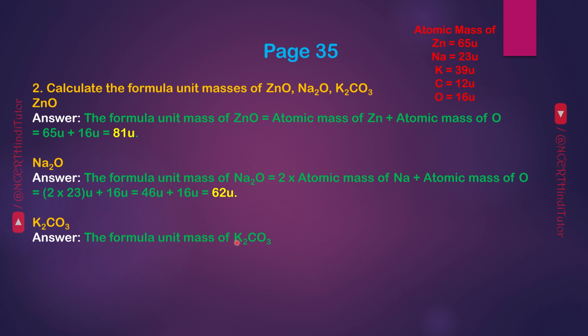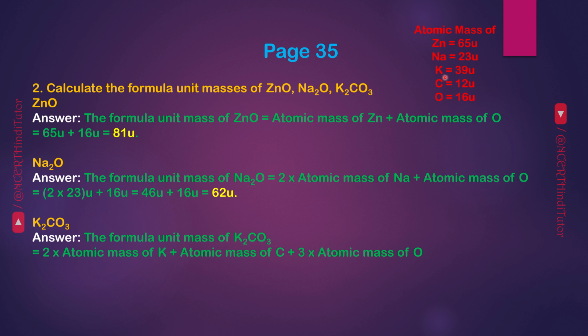Next, K2CO3. The formula unit mass of K2CO3 is 2 into atomic mass of K plus atomic mass of C plus 3 into atomic mass of O. So this is potassium, this is carbon and this is oxygen. In K2CO3, 2 atoms of potassium are present, 1 atom for carbon and 3 atoms of oxygen.